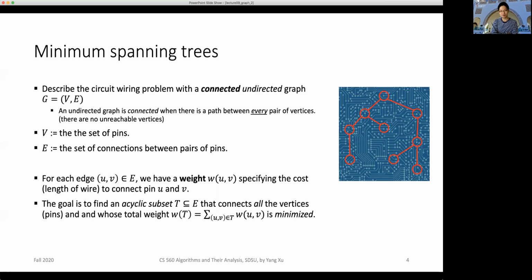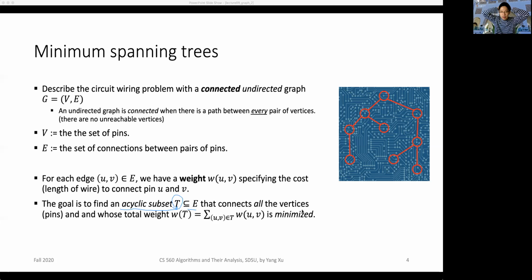So the goal is to basically find a... note that here we use the term acyclic subset of the edges. Okay, so this acyclic subset T is a subset of the edges that connects all the vertices.